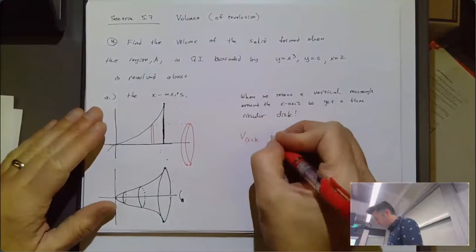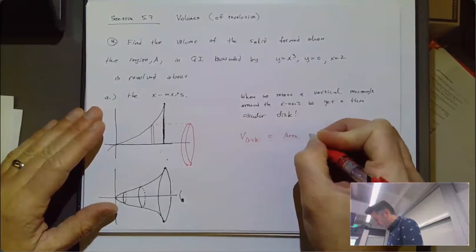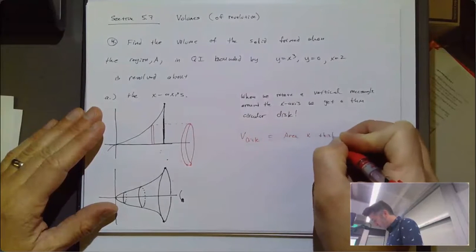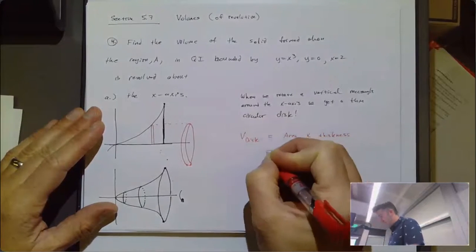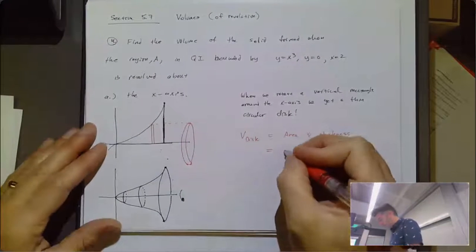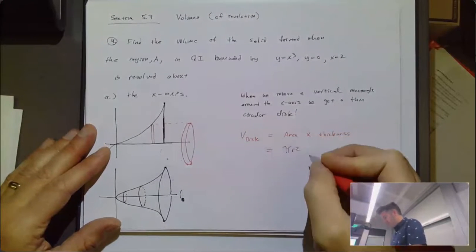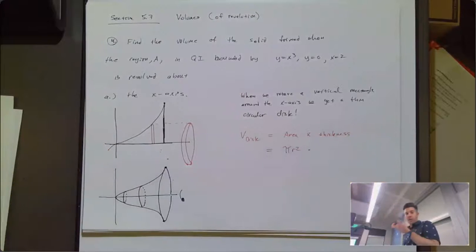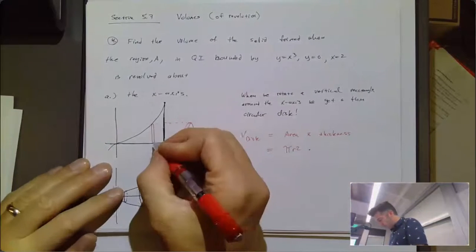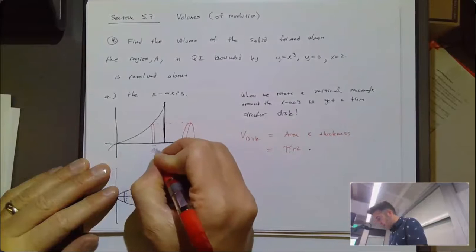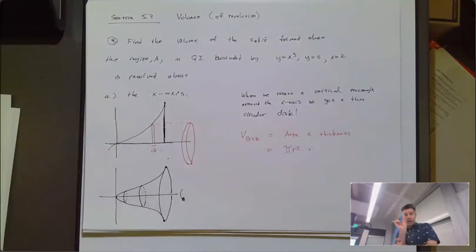So it's going to be the area times the thickness, which is, well, the area of a circle is always the same. It's pi r squared. And the thickness is a small change in x, right? It's this little bit here, which is our dx. That's your small change in x.